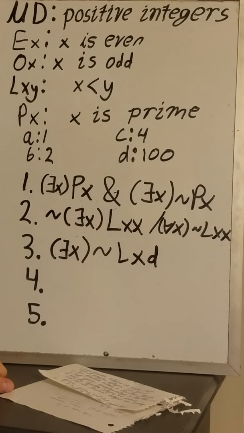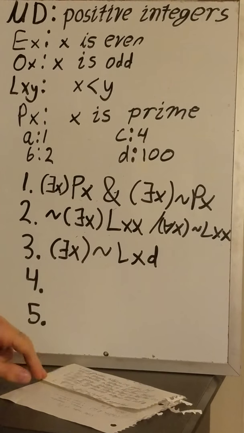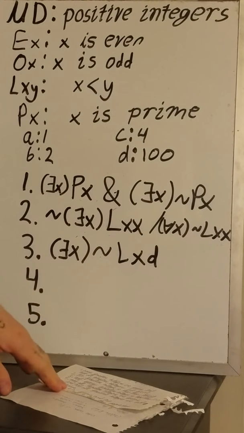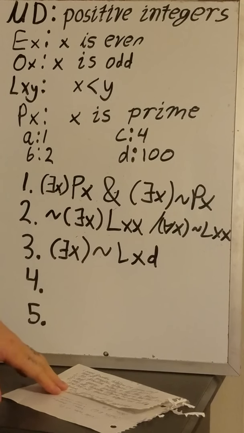Okay? So what about 4? Not all positive integers are prime, and not all positive integers are not prime. So again, that sounds like it's going to be a conjunction because it has that and in the middle. Not all positive integers are prime. So not all, right? Because all indicates a universal quantifier, so we're saying not all positive integers are prime.